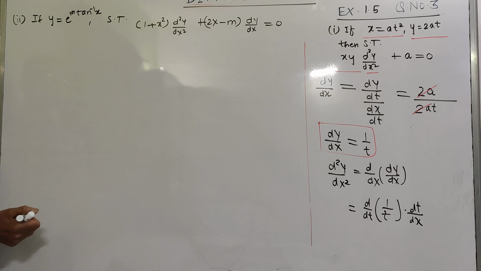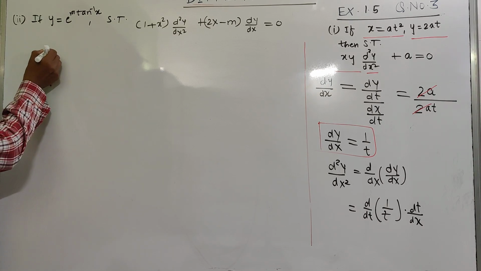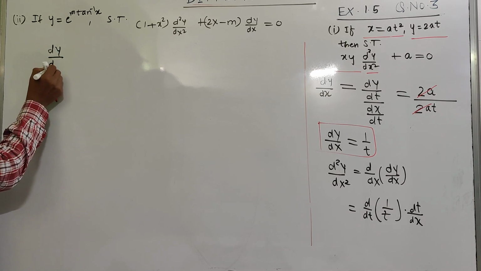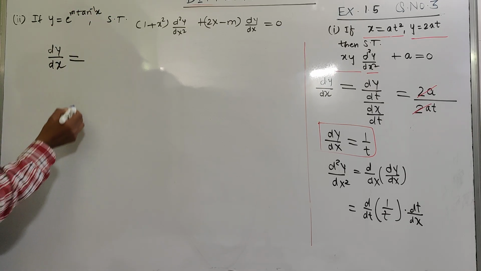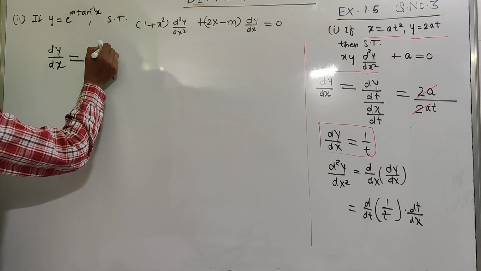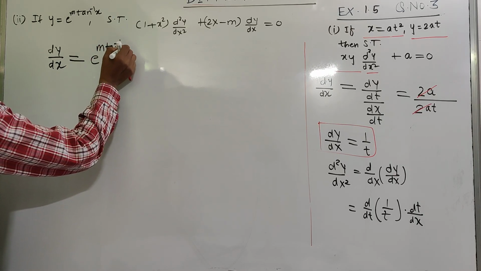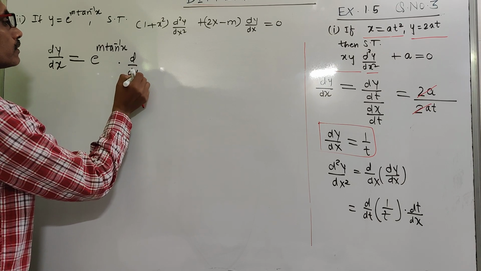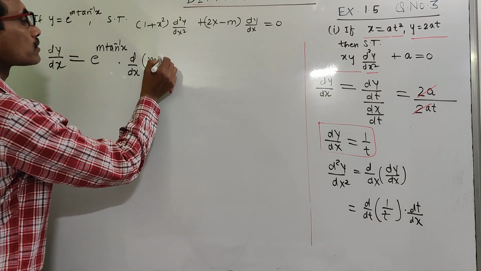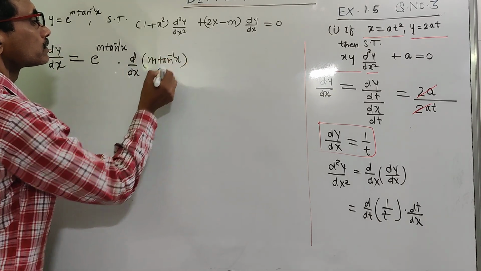Second sub question is differentiate it. dy by dx is equal to e raised to power f(x) derivative, that is e raised to power f(x) into f dash of x, that means d/dx of m tan inverse of x.